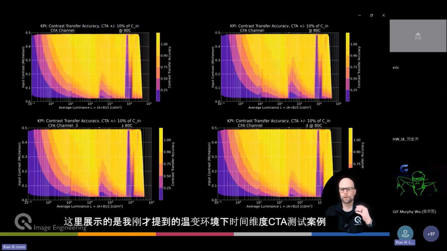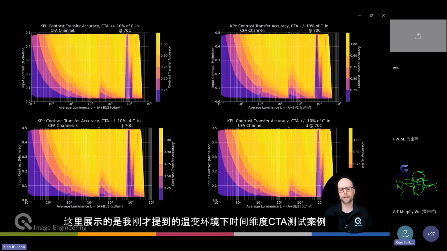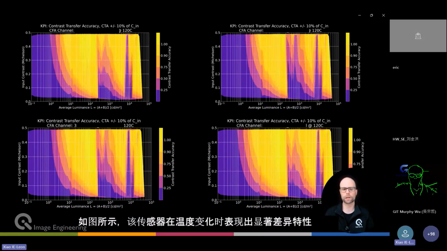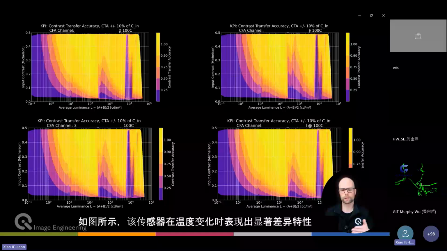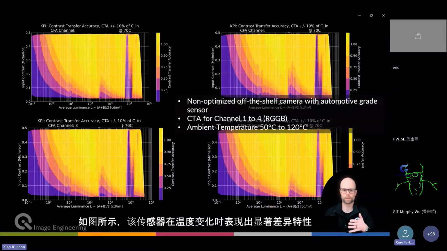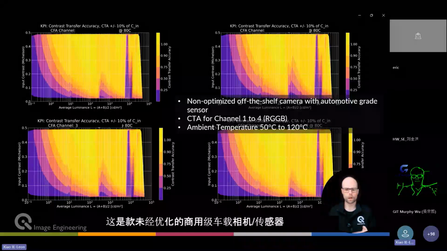So here's an example of a temporal CTA over temperature. I just talked about that, so that's definitely a possibility. And you see here a sensor where we get different behavior, of course, over temperature. This is a not-optimized off-the-shelf camera with an automotive-grade sensor.